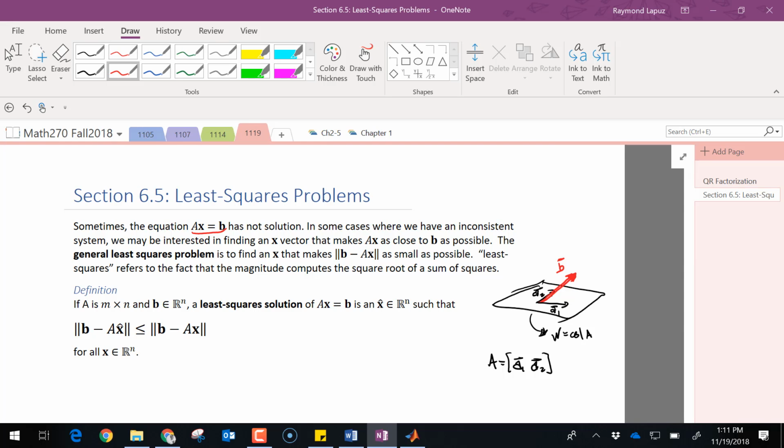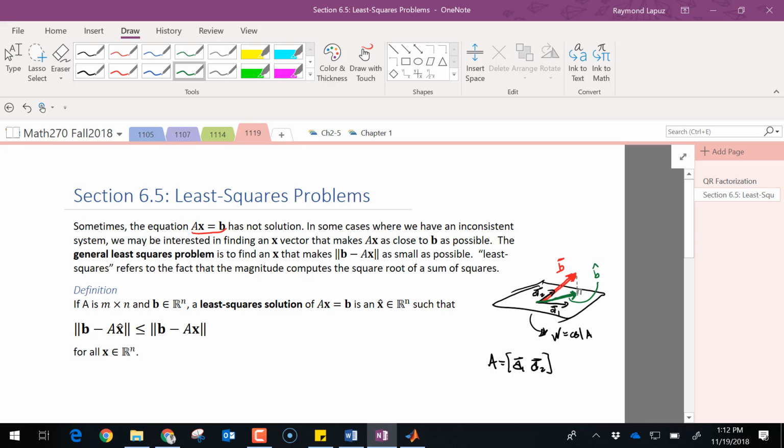Well, the closest you can get, if you remember the notation that we used, is that we can project the vector B onto the subspace, and I think we called it B hat.